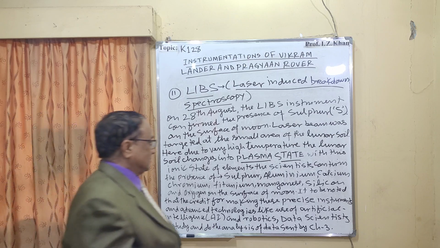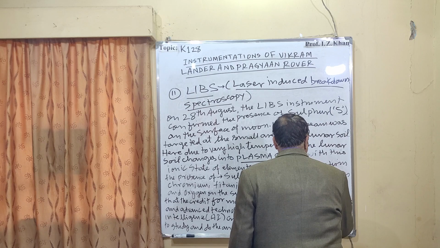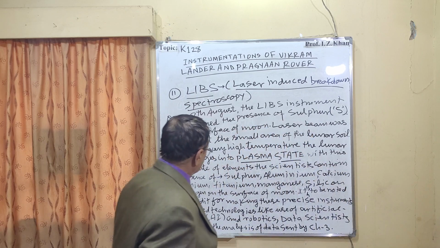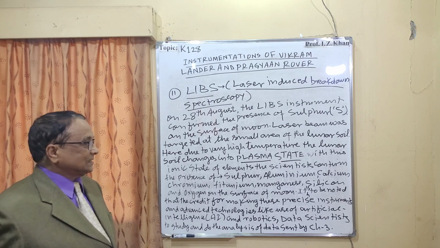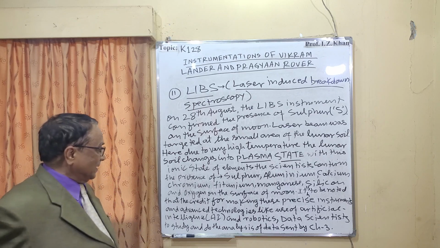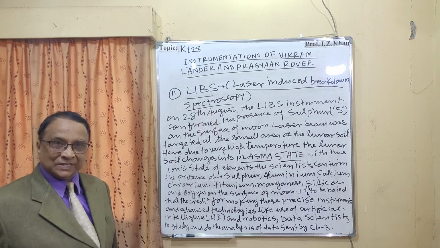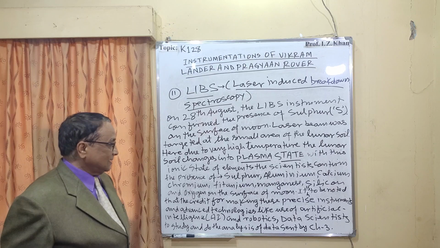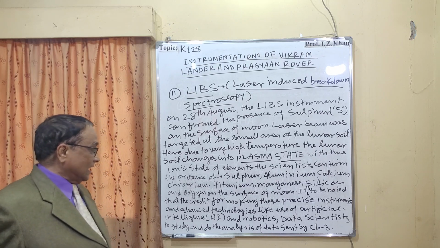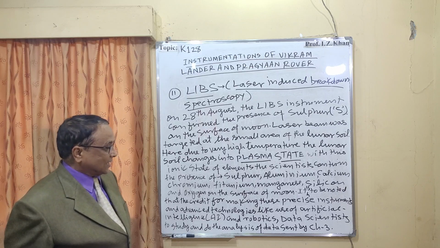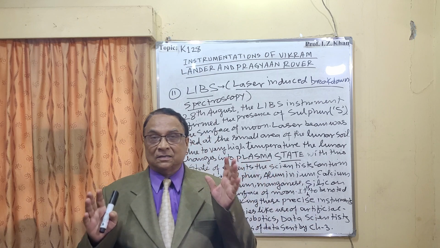It is to be noted that the credit for making these precise instruments and advanced technologies, like use of artificial intelligence, AI, robotics, data scientists to study and do the analysis of data sent by Chandrayaan 3, was important.